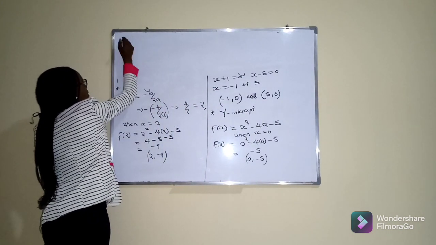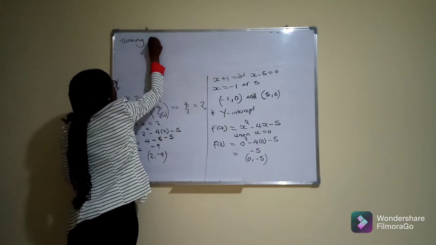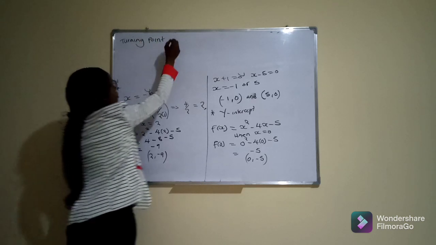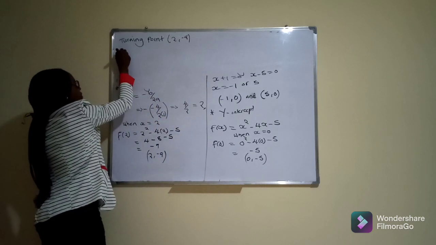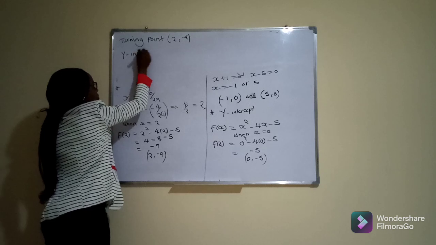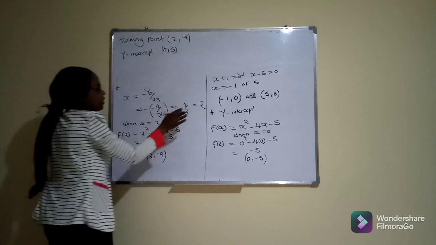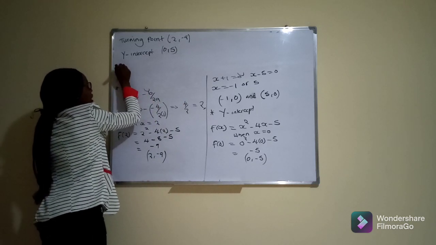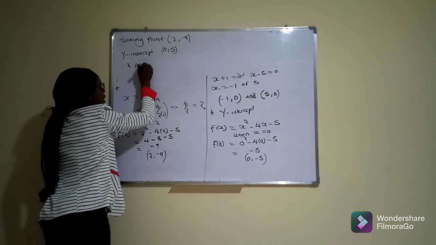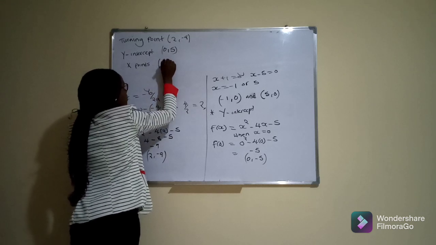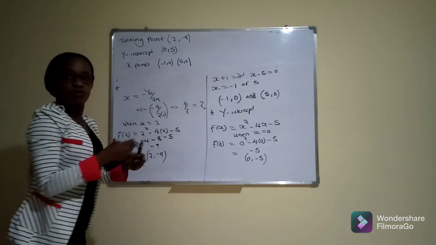So we can just write here that our turning point, which is 2, negative 9, then we have the y-intercept, which is 0, 5, and finally we have the x points, negative 1, 0, and 5, 0.